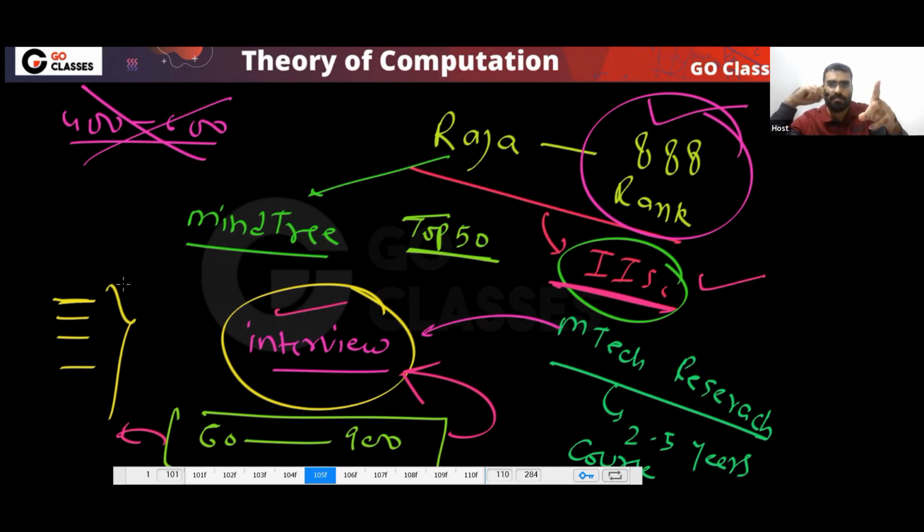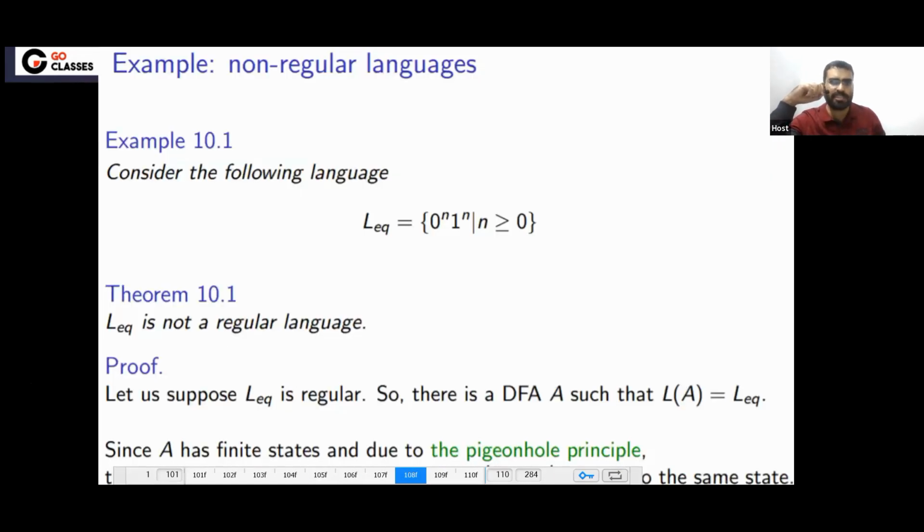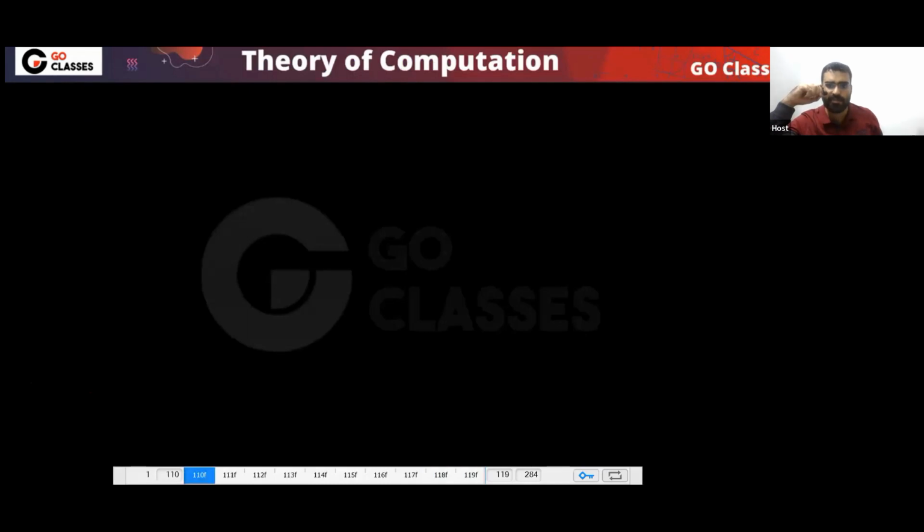This is the only reason we teach everything with proof, because we want to make sure that Go Classes students must go to IIT, ISC if they get rank under 1000. So this is the idea. Now remember, these proofs are very easy, extremely easy proofs. So now let's see the next language, and let's prove it.